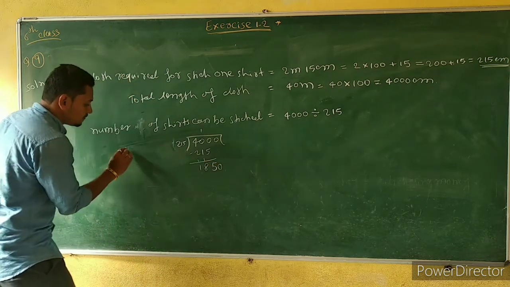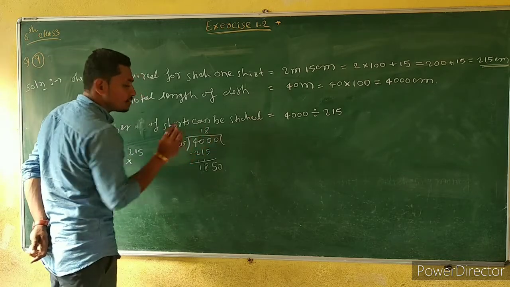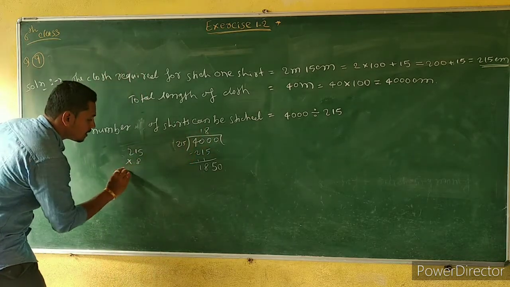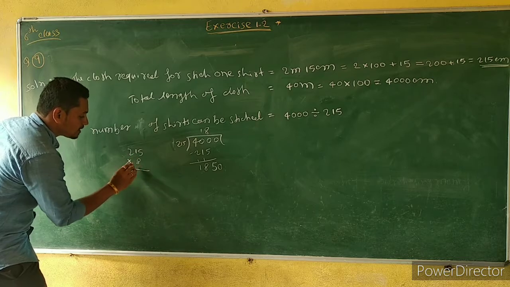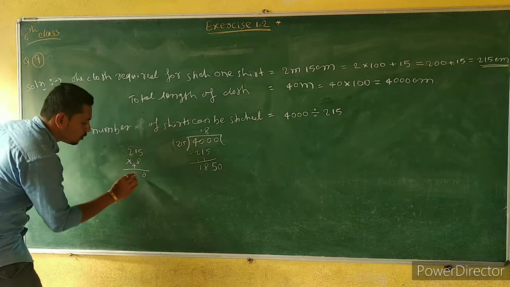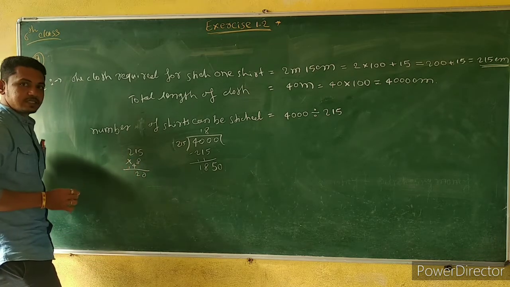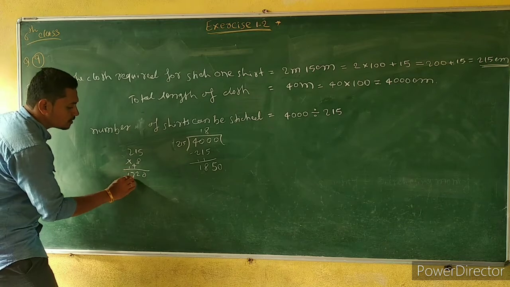Next, 215 into 8. 8 fives are 40. Next 8 ones are 8, 8 plus 4 is 12, carry 1. Then 8 twos are 16, 16 plus 1 is 17.